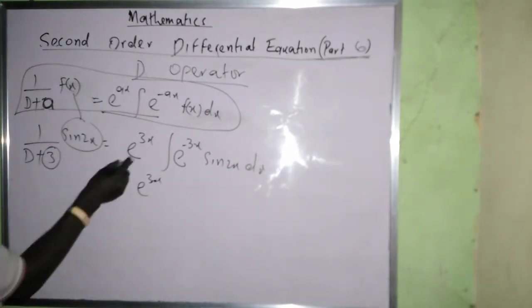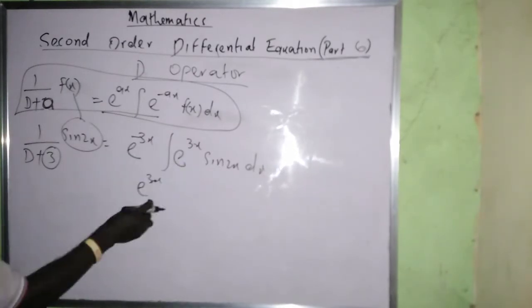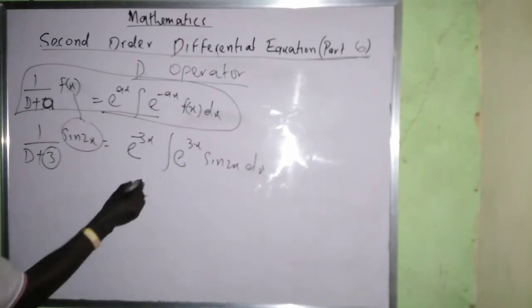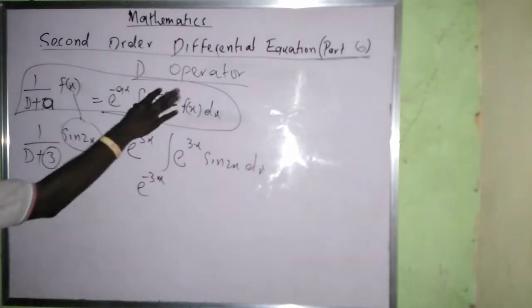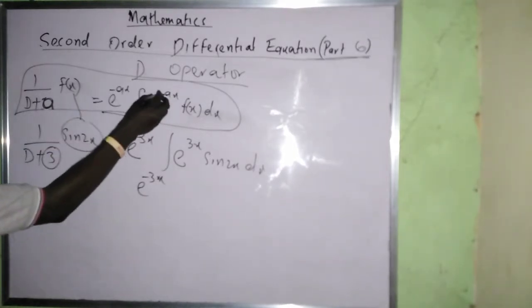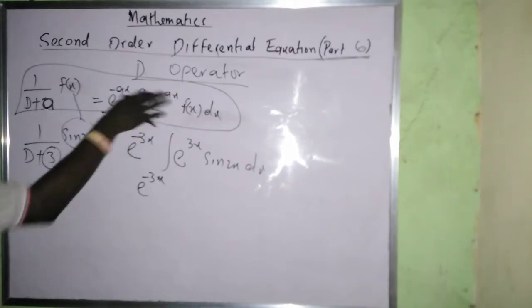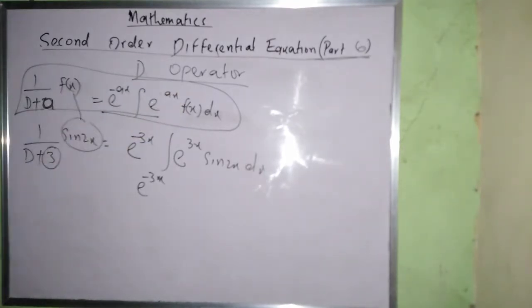Sorry, I made a mistake here. This one is plus, so the exponent will be plus 3x. If there is minus here, the story will change.